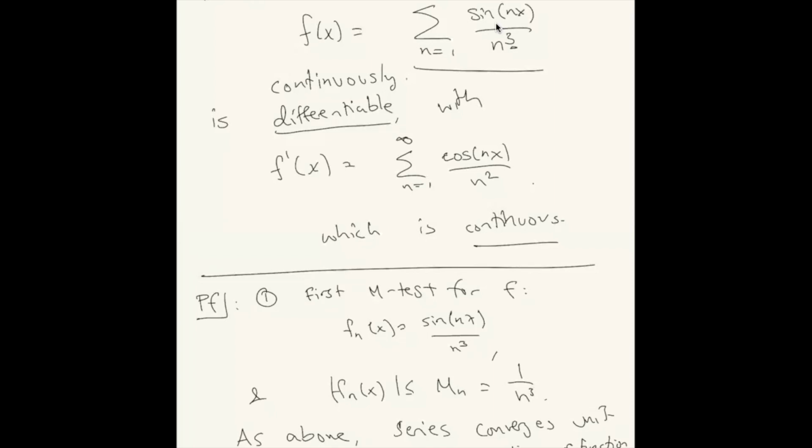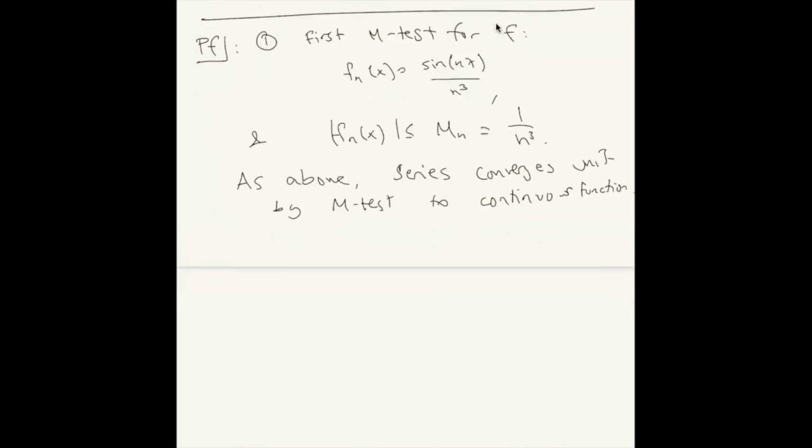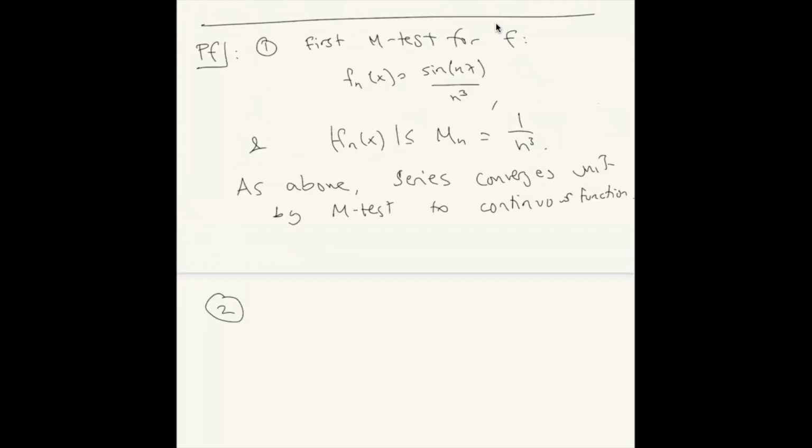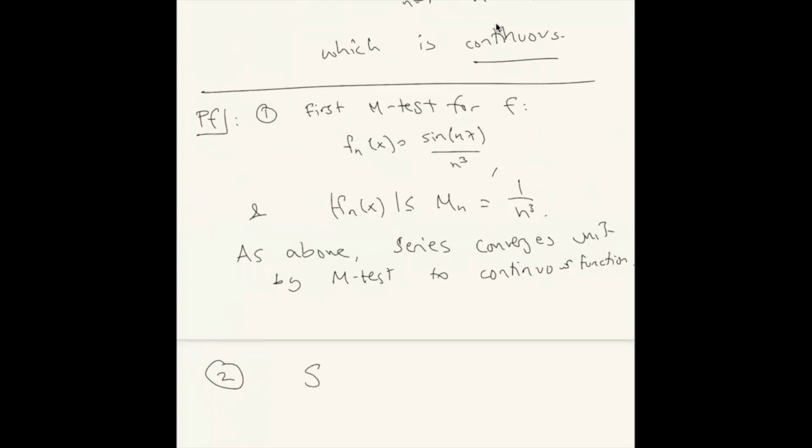Okay, but what about the derivative? This requires us to look a little bit at Monday. What we have is that Sn, the sequence of partial sums, converges pointwise to f of x as n goes to infinity.